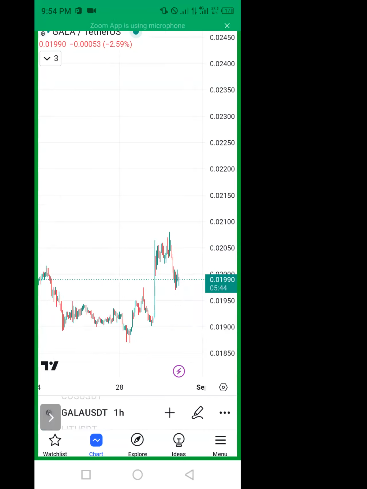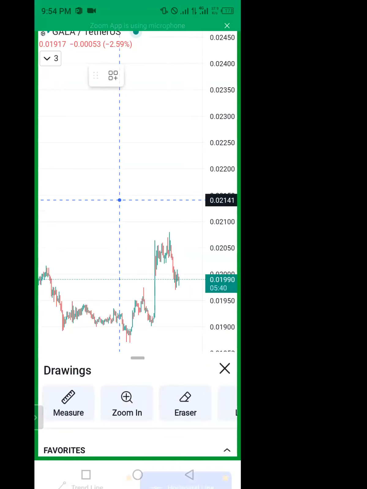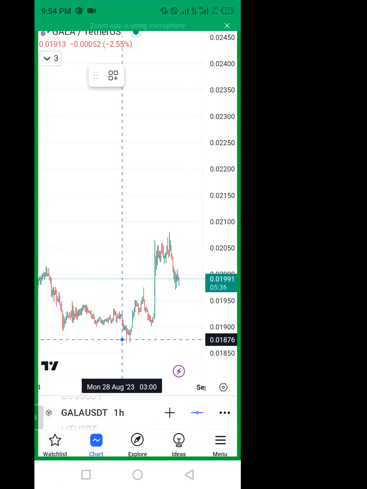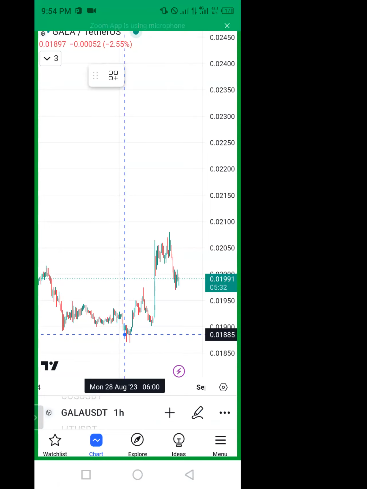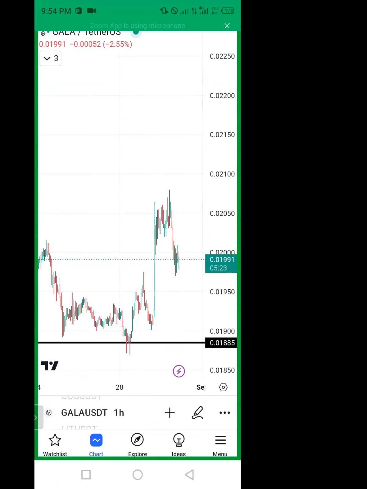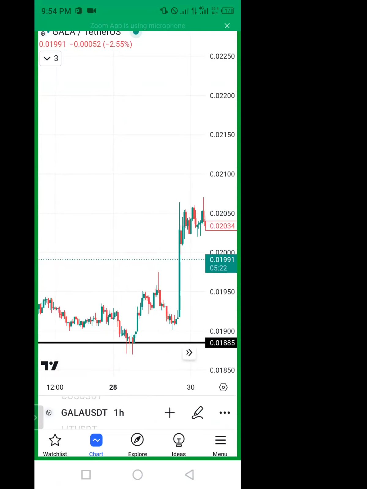So I just get my TradingView here, and then I get my horizontal line and I make it. Tomorrow we are going to look at how to use TradingView. And I draw a line there. I can draw my line touching the body of the candles. I have drawn my line touching the body of the candles.